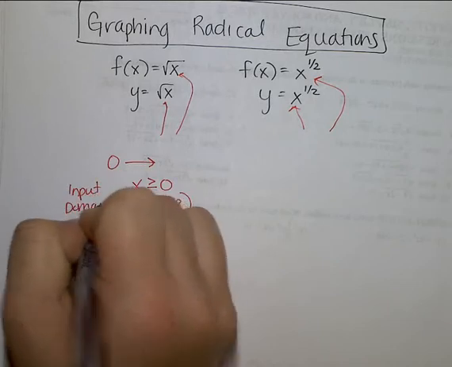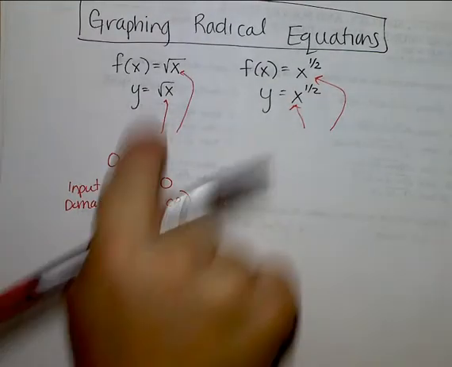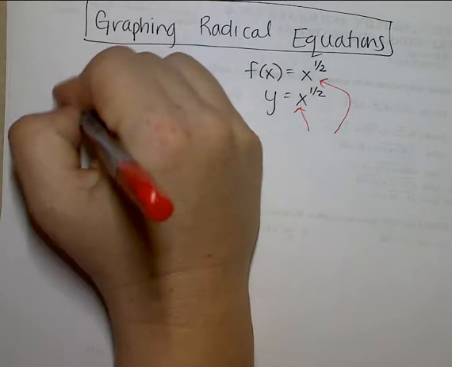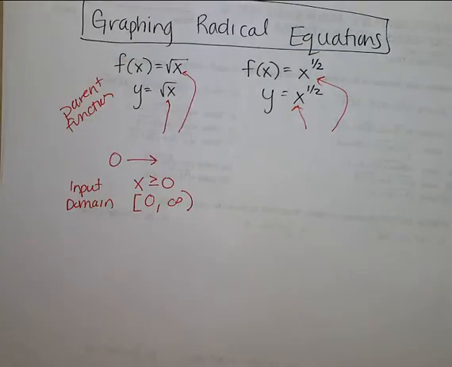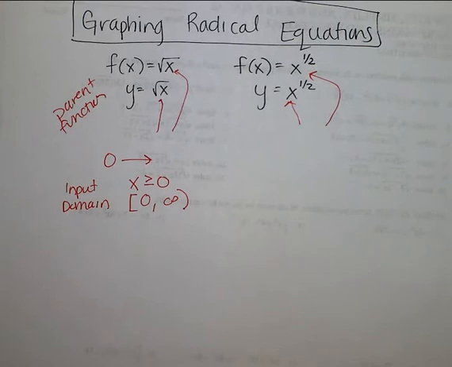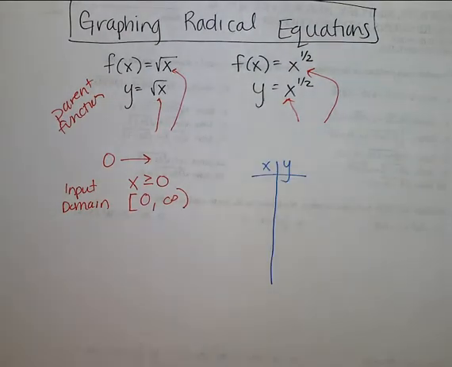So without translating it, or without shifting it at all, this is what we have. These are the basic parent functions, the parent function for square root, and we know that the smallest number we can plug in is 0. So let's make a small table here. And to make our lives easier, let's only use the input or the x values of numbers you can plug in and get answers you already know exist.